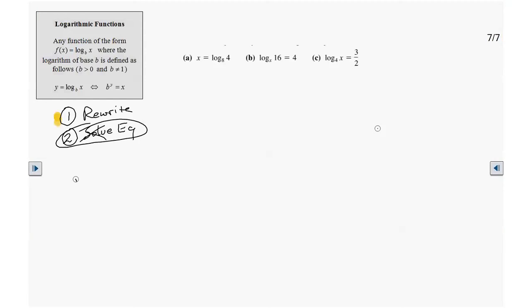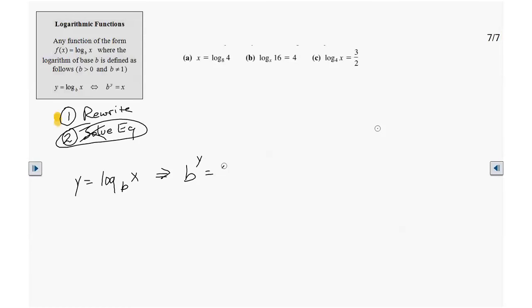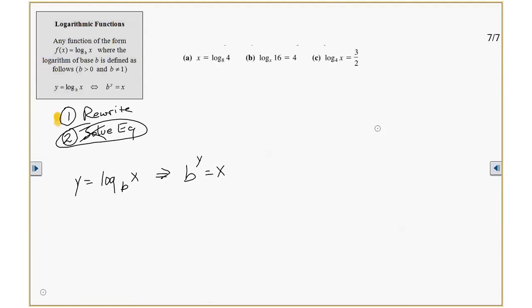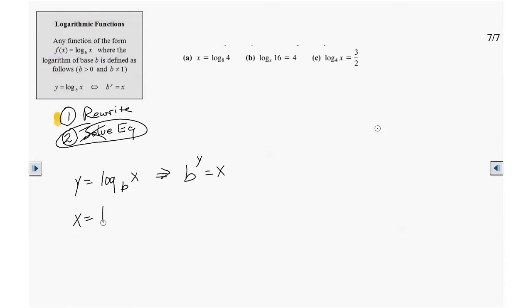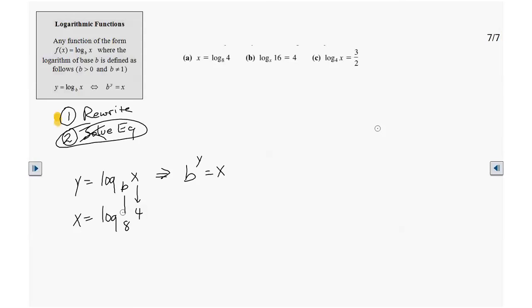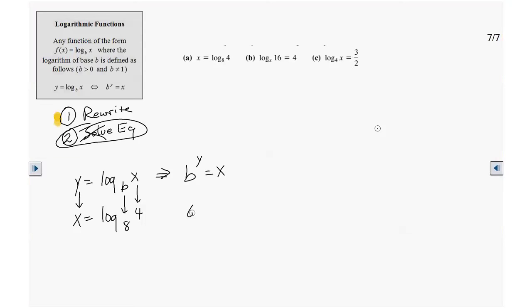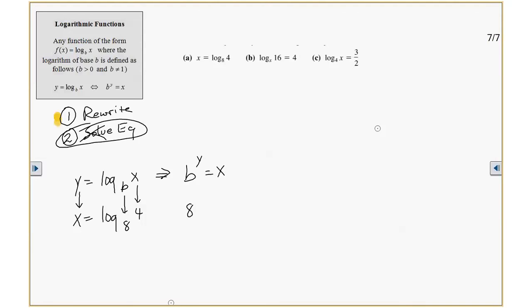So y is equal to log base b of x gives us b to the y is equal to x. So I've got x is equal to log base 8 of 4. You see how I wrote it? I wrote it where it coincides with the definition. And then I go, okay, b is what? Y is what? And x is what?